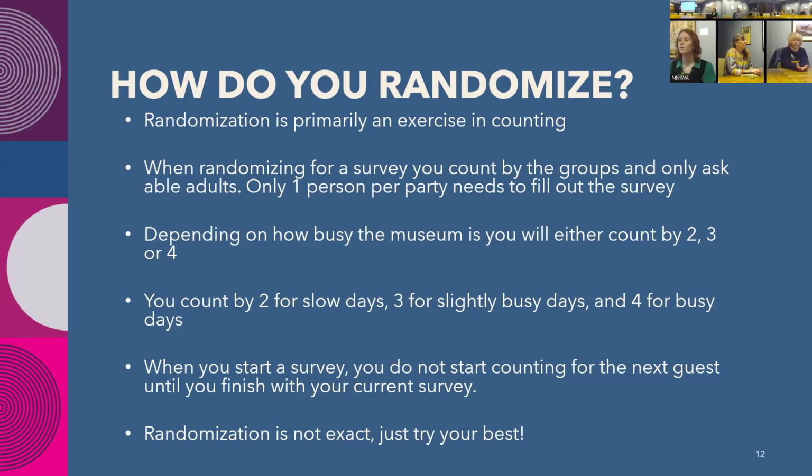And maybe I'm jumping ahead here, but we're doing it on an iPad. Yes. So we're going to give someone with potentially low vision an iPad. So that's part of why you're only asking able adults. Sometimes you will have someone who's low vision interacting. If they're with someone, you could say, can you please help the person give some feedback to the survey?